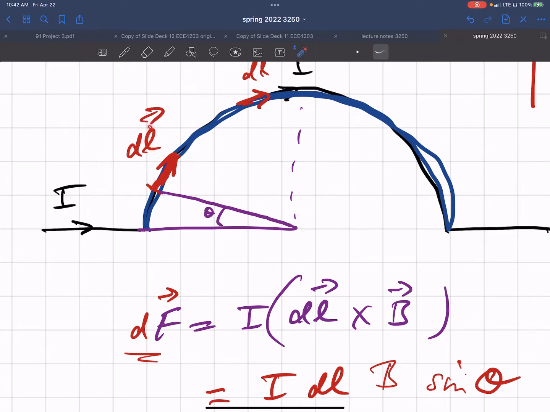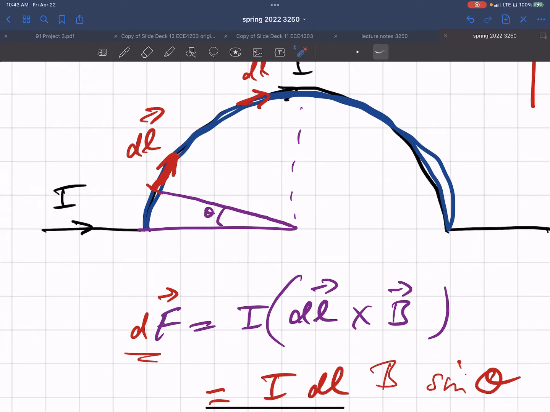The B field is pointing in this direction, straight up, and dl is pointing in this direction, which is tangential to the line here. So I want that theta.